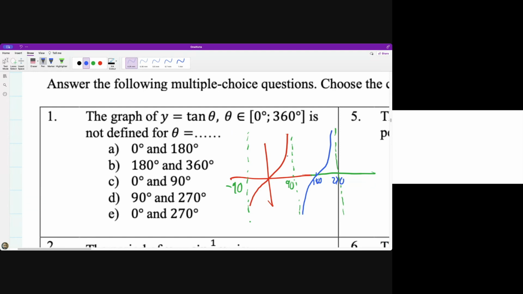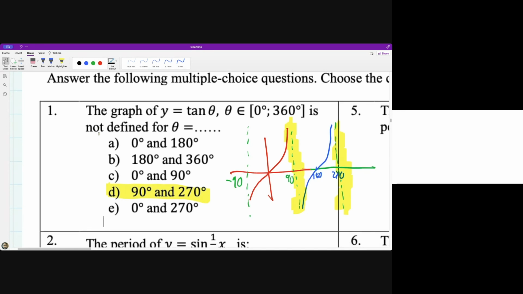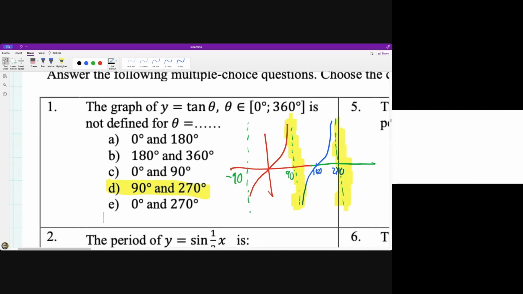They've used another period of the graph, and the period of the tan is 180. So the correct answer would be, they're basically asking for that and that one, which is D. Is there anything else that I'm missing? No. Oh, they only said for the domain 0 to 360. That's why we're ignoring that one.